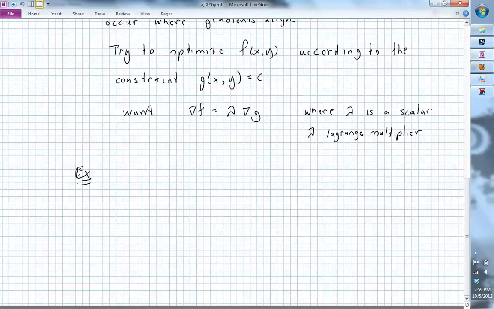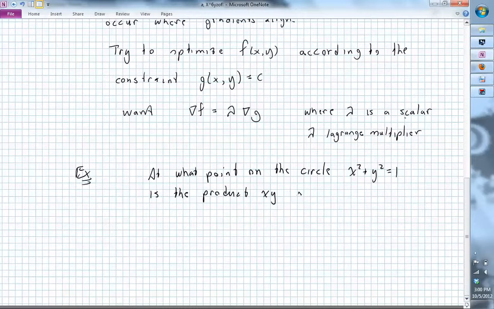At what point on the unit circle at the origin is the product xy a maximum?